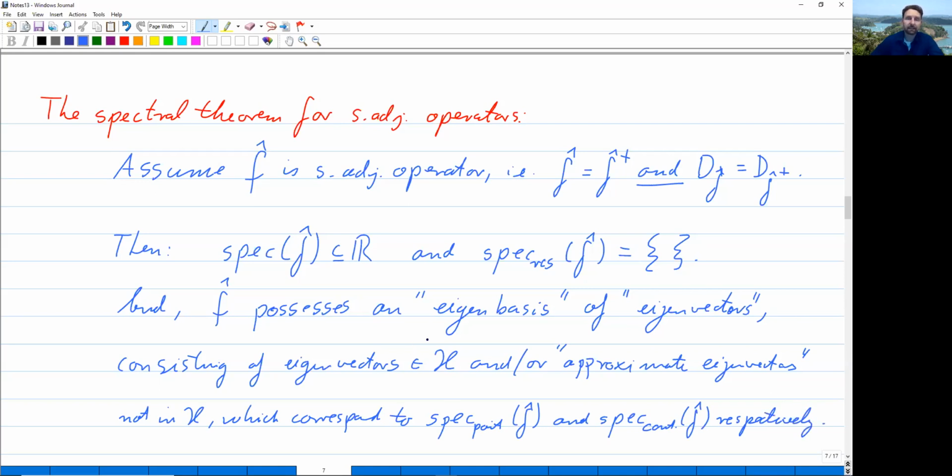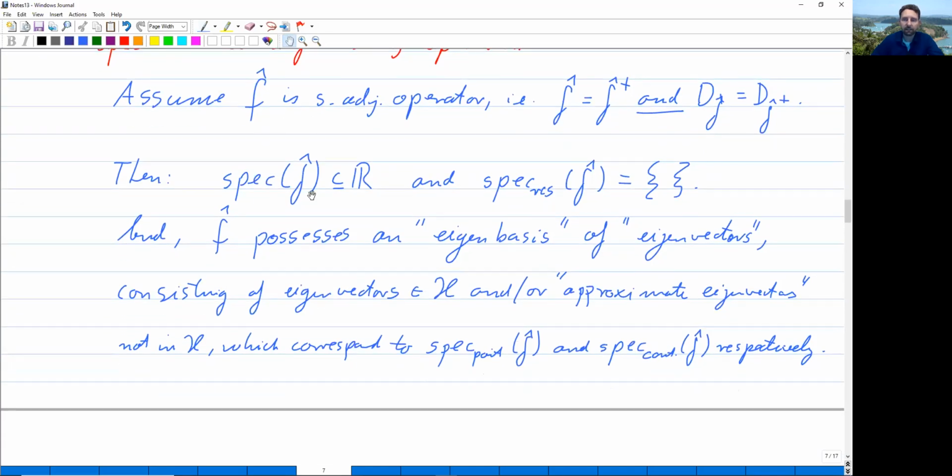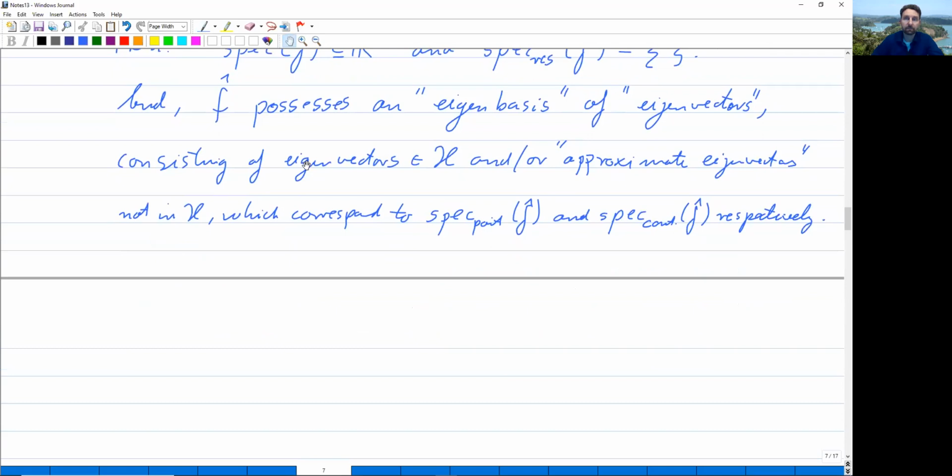Which is to say that the proper eigenvectors correspond to proper eigenvalues, which are by definition part of the so-called point spectrum. And then there are also the improper or approximate eigenvectors that are not in the Hilbert space, which correspond to improper eigenvalues that are in the continuous spectrum.